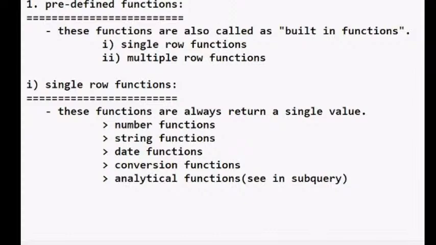Now, if any function or any category of function, whether number, string, date, conversion, or analytical, whatever it is, when you want to call it, how do you call it? Generally in your class program, once you create a function, you call it based on your object: object dot function name.